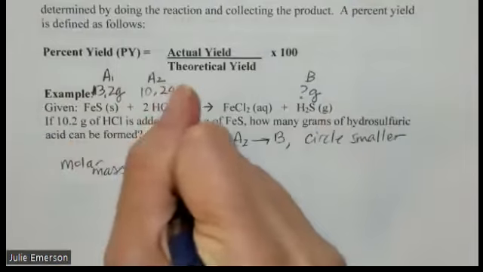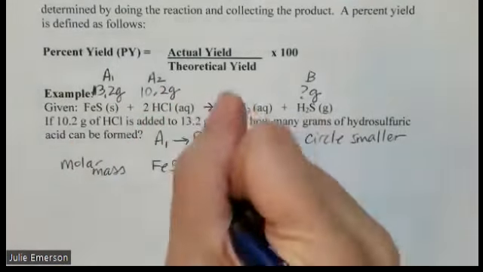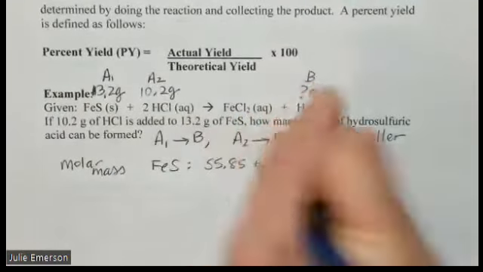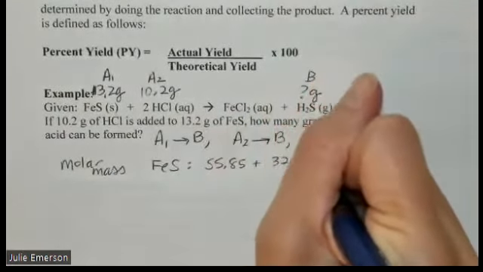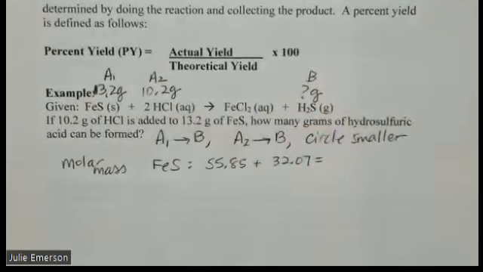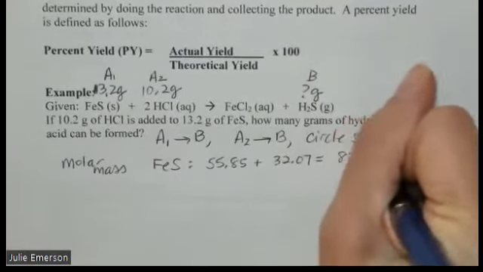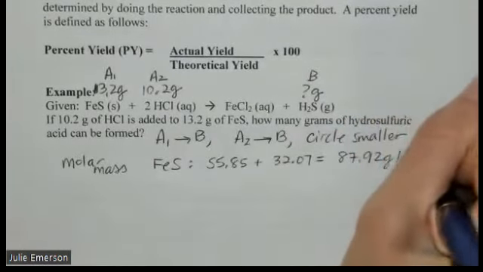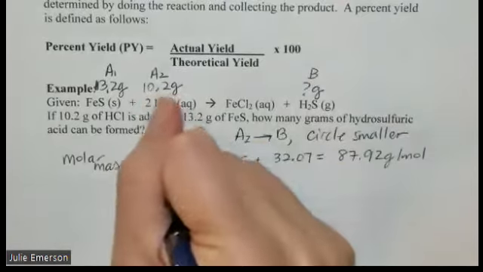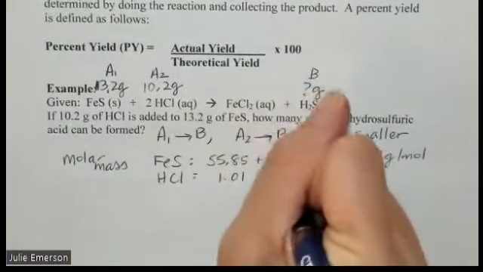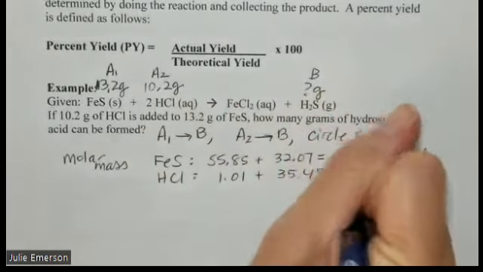All right, so the FeS, if I go to my periodic table, iron is 55.85, sulfur 32.07. Don't feel that you have to write that down. I'm just trying to show you where the numbers are coming from. So FeS molar mass 87.92. The HCl, the hydrogen is 1.01, the chlorine is 35.45.